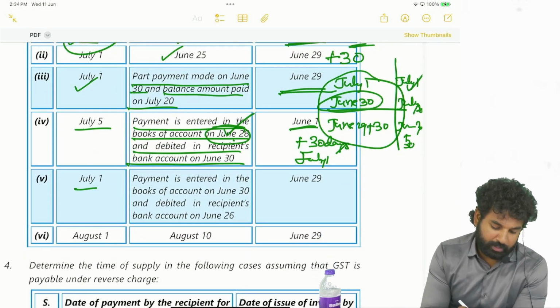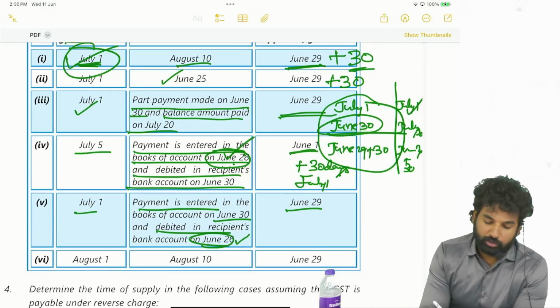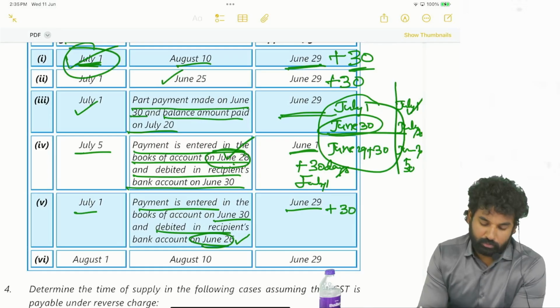July 1. Payment is entered in the books on 30th June, debited in the recipient's account on 26th June. Whichever is earlier? June 26. June 29 is the date of issue of invoice, so June 29 plus 30, July 1, June 26. Which is earlier?